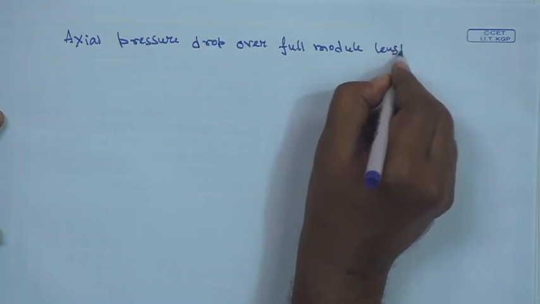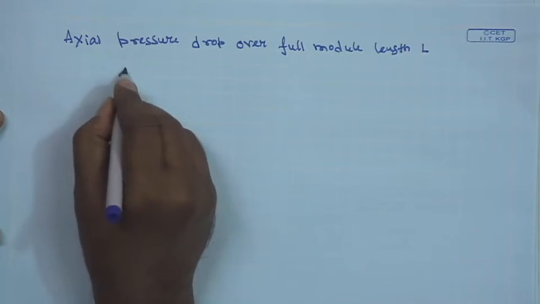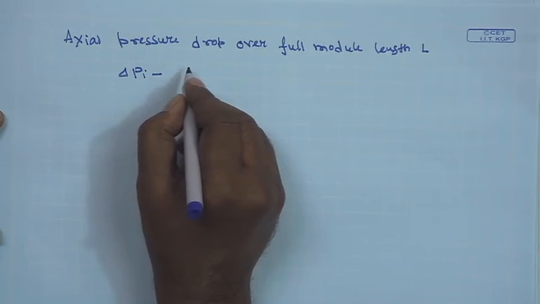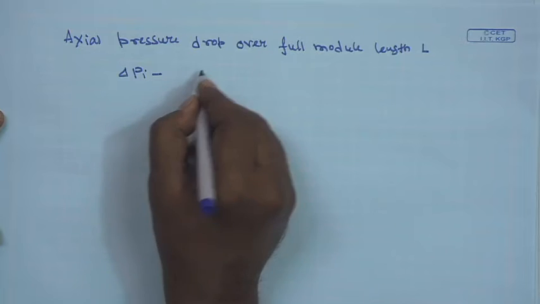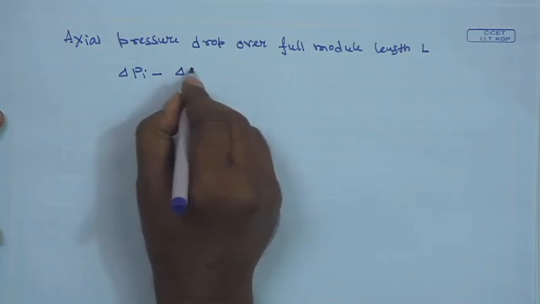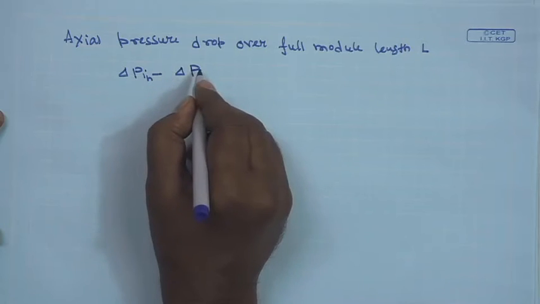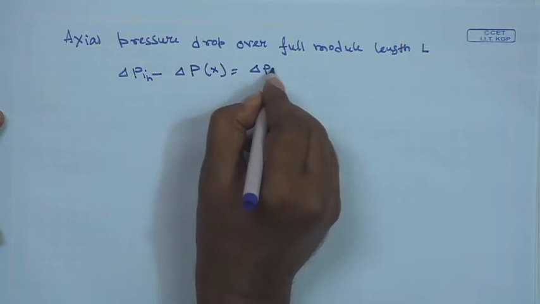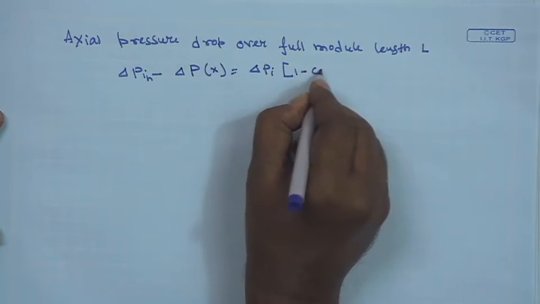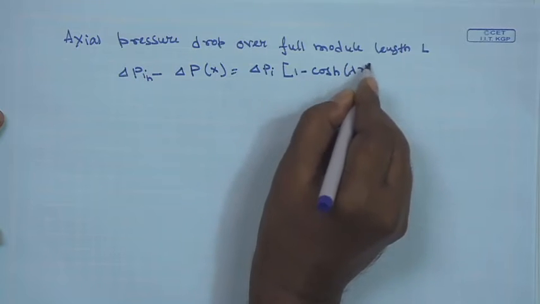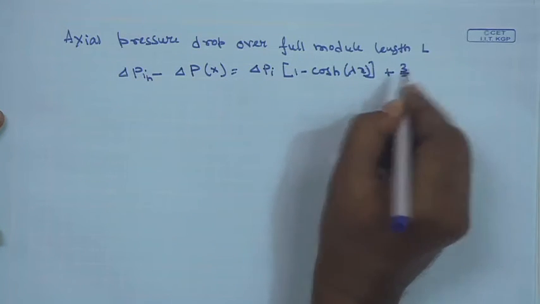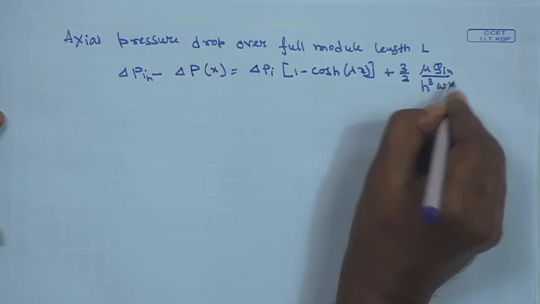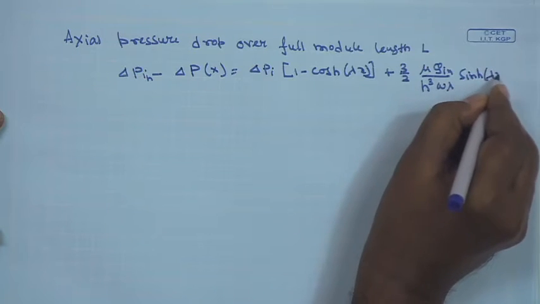module length L becomes delta p in minus delta p x, which is equal to delta p in times 1 minus cos hyperbolic lambda x, plus 3 by 2 mu q in divided by h cube w lambda sin hyperbolic lambda x.